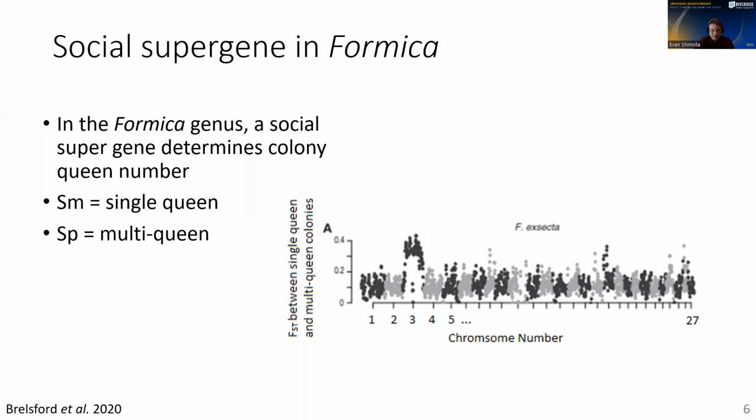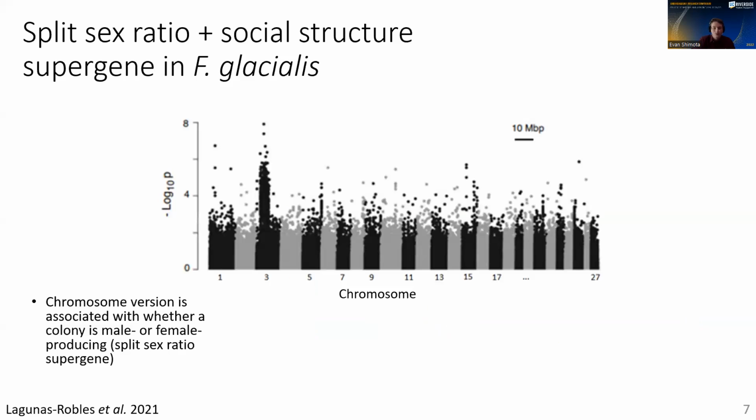In the study, Formica execta is the species of interest. As you can see in the figure, there is a region of high density genetic differentiation over chromosome 3, and this represents the potential social supergene. In the related species, Formica glacialis, chromosome version is associated with whether a colony is male or female producing.